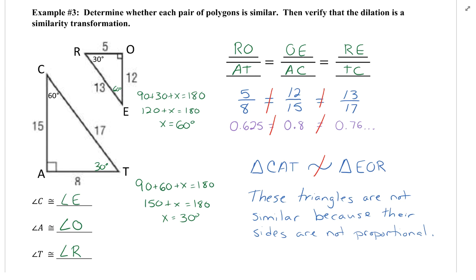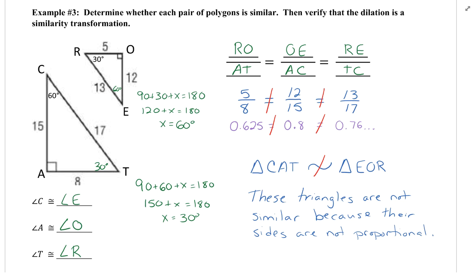Okay, so go ahead and compare how you did. You would have used your angle sum theorem to identify the congruent angles, which this did have all three angles congruent. Angle C was congruent to angle E, A was congruent to O, T was congruent to R. So then when we set up our ratios for our side lengths, we had RO corresponded with AT, OE corresponded with AC, and RE corresponded with TC.